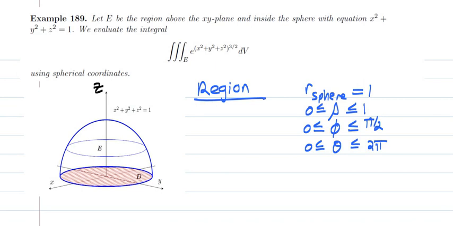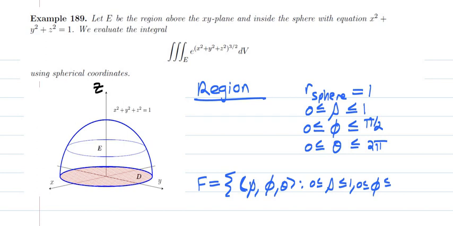So if E gets transformed via spherical coordinates, it turns into set F, which is all the (rho, phi, theta) where rho is between 0 and 1, phi is between 0 and pi over 2, and theta is between 0 and 2 pi. So you see, this region is easily described using spherical coordinates. We are pretty happy, and now we continue.